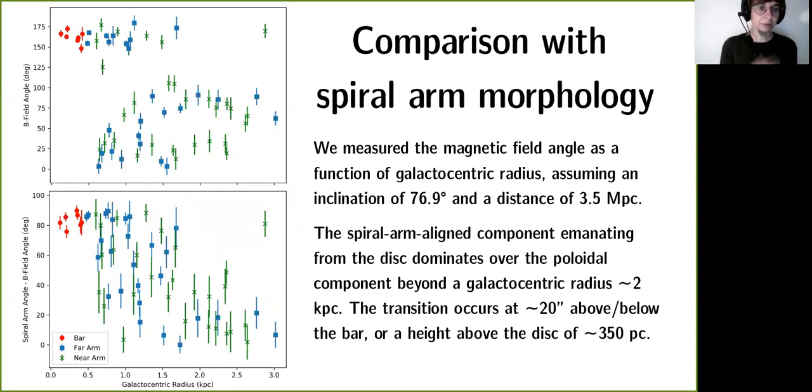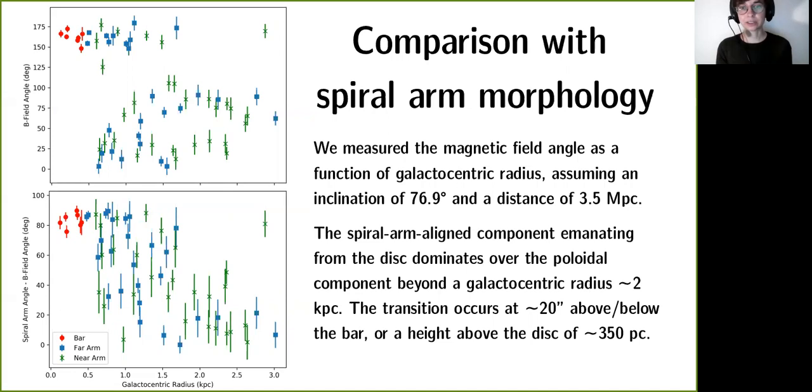In the bottom panel, we specifically compare the spiral arm angle to the magnetic field angle for each of the vectors that we measured. Again, we can see it goes from perpendicular to the bar at small galactocentric radii through to parallel to the spiral arms at large galactocentric radii.